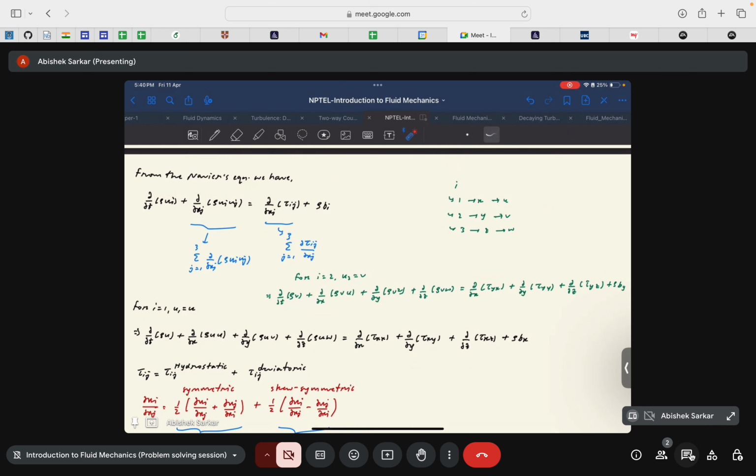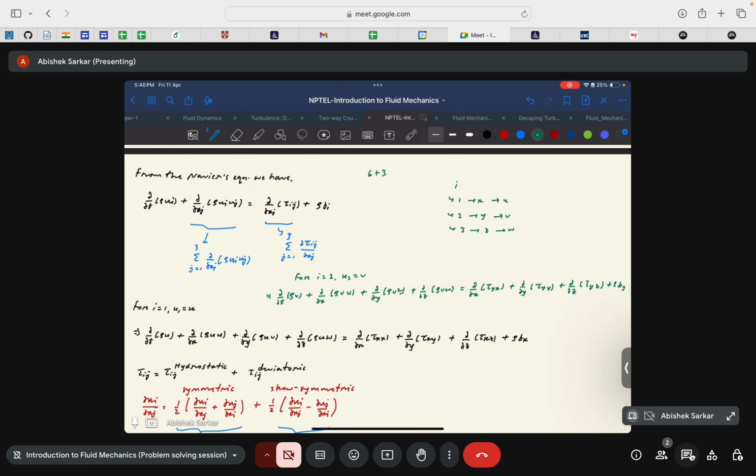But if you recall, in 3D coordinates, this shear stress tensor will have 9 components. Okay, and if we assume that, since we know this shear stress tensor is symmetric, it has 6 independent components plus 3 velocity components.